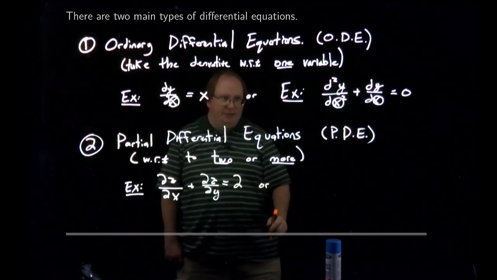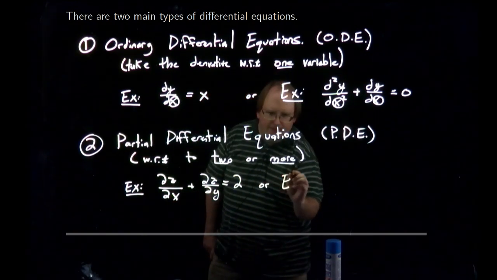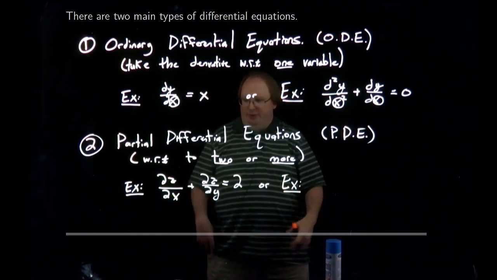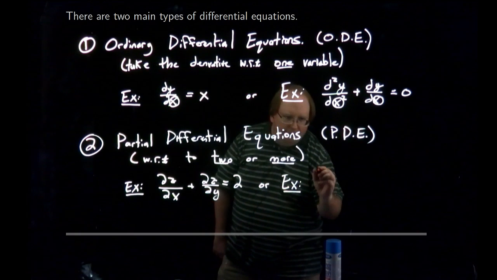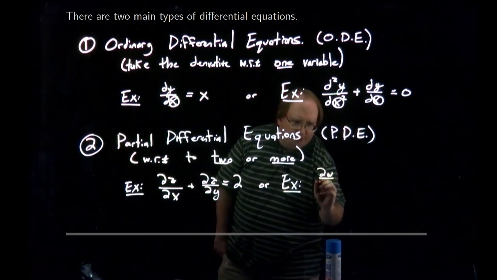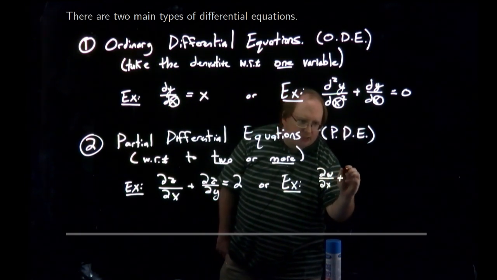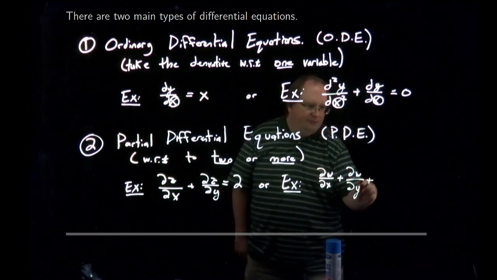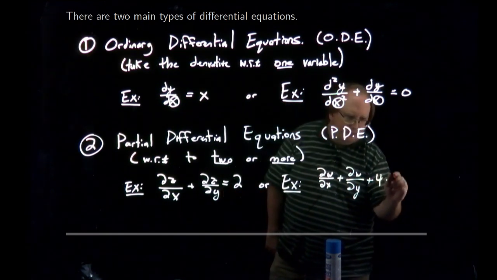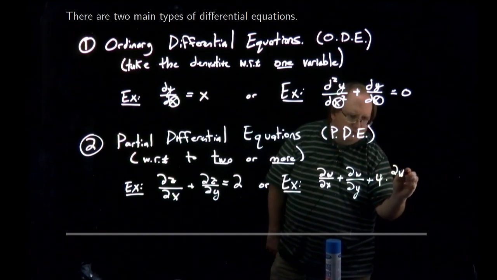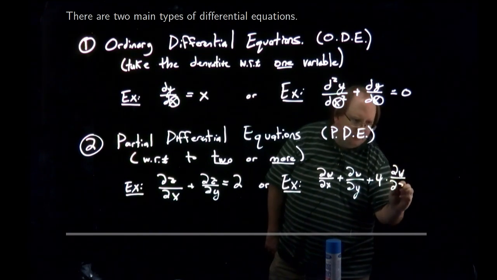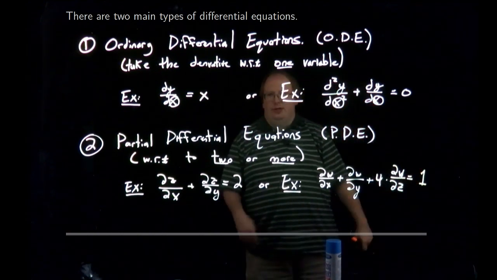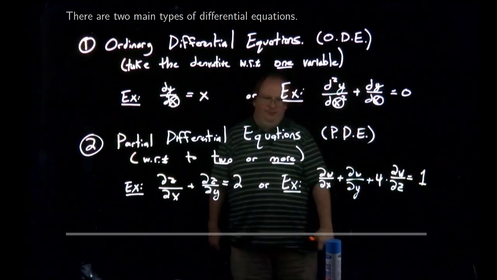Or you can have something like many different types of taking the derivative with respect to, say, 2 or more variables. You can have the partial of w with respect to x plus the partial of w with respect to y plus 4 times the partial derivative of w with respect to z is equal to 1. And those are examples of partial differential equations.